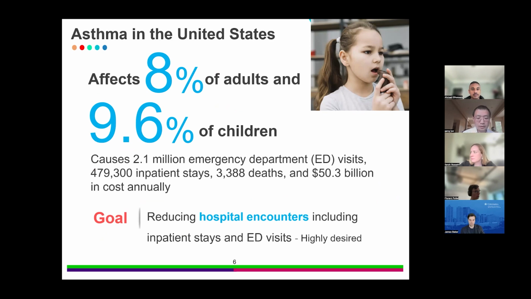Our goal is to reduce hospital encounters, which includes both inpatient stays and also emergency room visits. So this is highly desired because most of the healthcare costs for asthma occur because of hospital encounters.